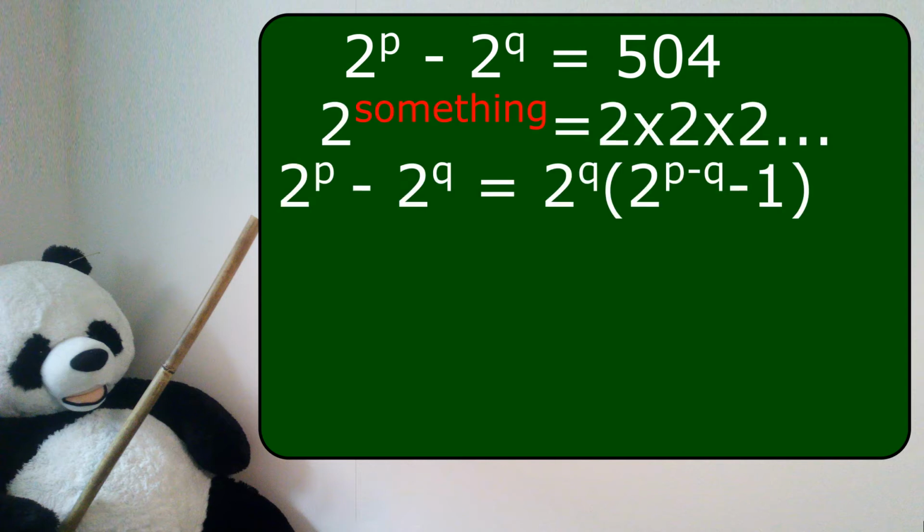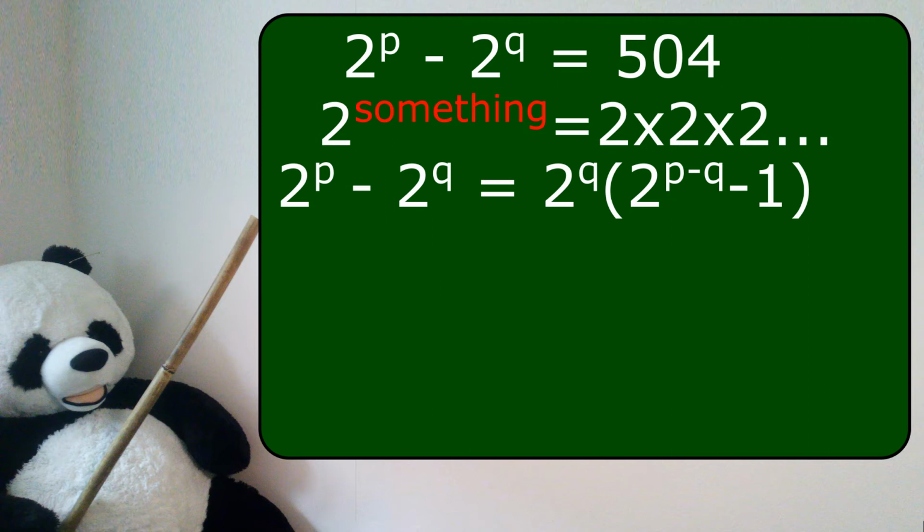So if we recall that 2 to the power of something is just 2 multiplied by 2 multiplied by 2, repeated over and over again, we can change 2^p - 2^q into (2^(p-q) - 1) × 2^q.